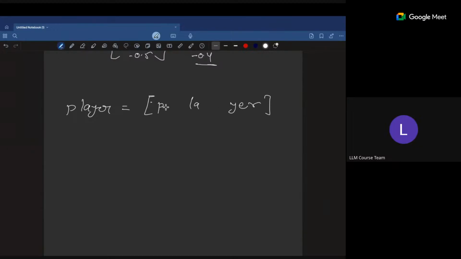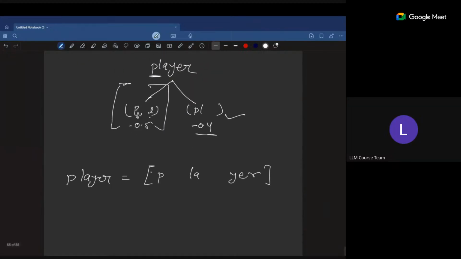This might be one of the possible splits, but I've already discarded it, since P won't occur as a separate token, because I'm choosing PL whenever it comes, rather than P and L, right? In that way, it discards all those possibilities. Then again, it looks for the next letter, A. Now, what are the possible ways for PL and A? It is PL and A, or PLA as a single token. Now it again looks at the scores. Let's say here it comes out to be minus 0.3 and minus 0.4 here. Again, it will keep this rather than that.